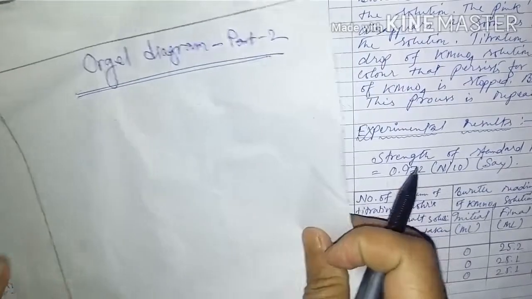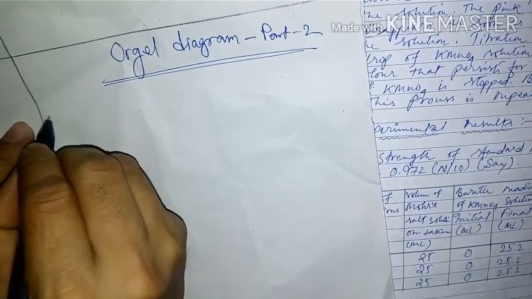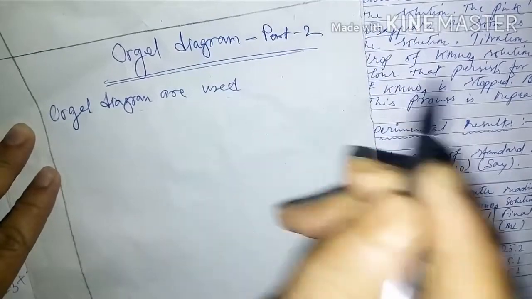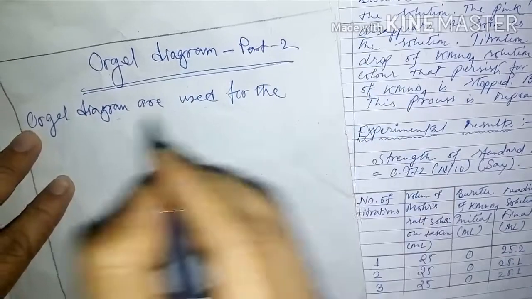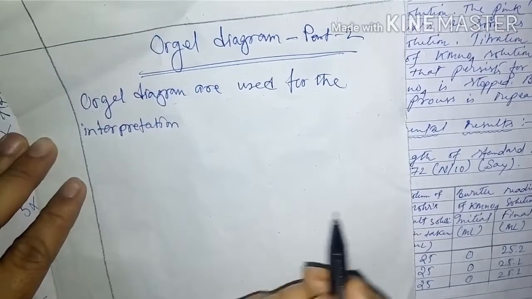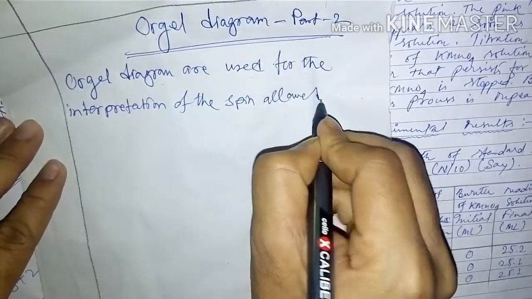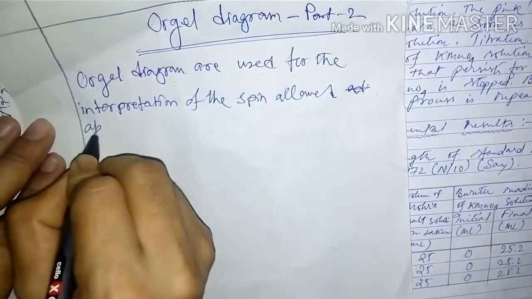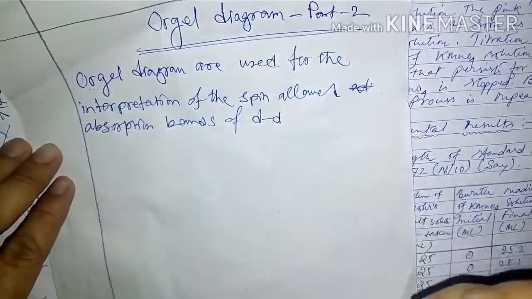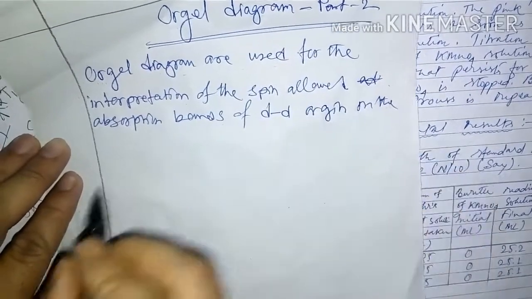So now see, this is the Orgel diagram. A statement is needed. Orgel diagrams are used for the interpretation of the spin allowed absorption bands of d-d origin in the electronic spectra.